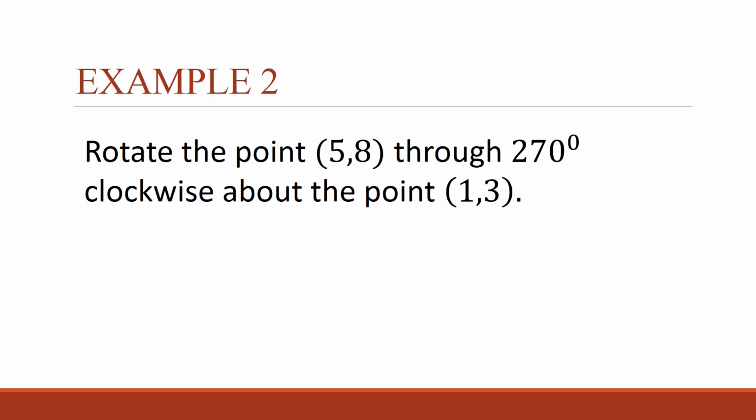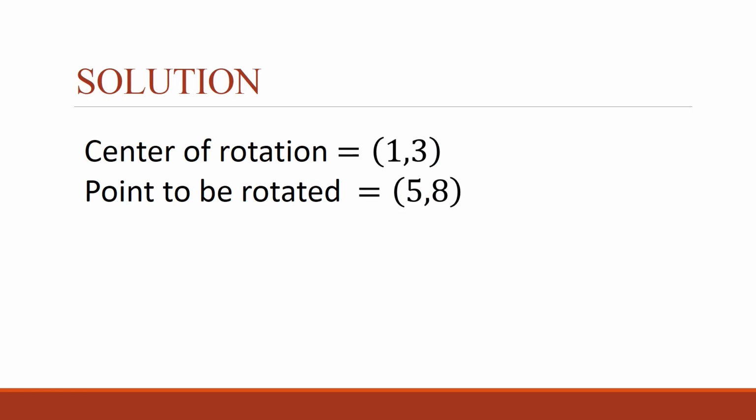In this example, we are to rotate the point (5, 8) through 270 degrees clockwise rotation about the point (1, 3). This implies that the center of rotation in this question is (1, 3). And also the point to be rotated is (5, 8).